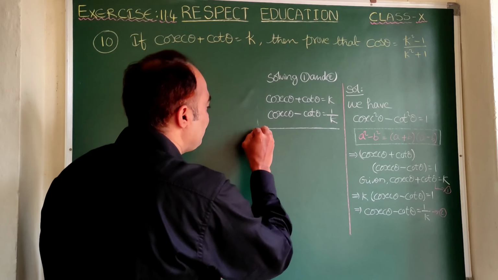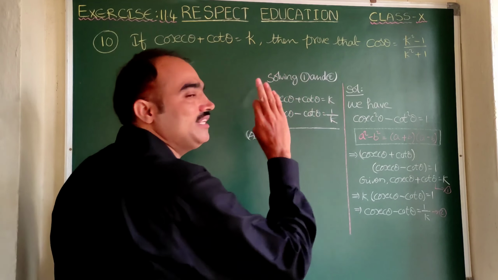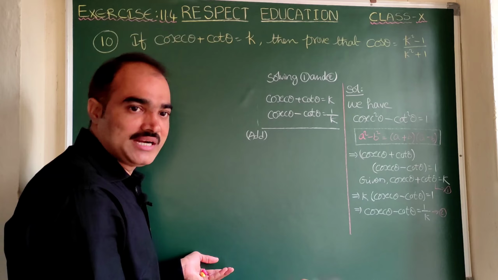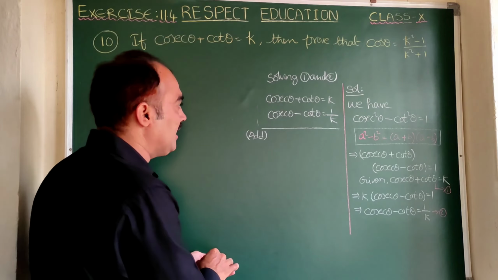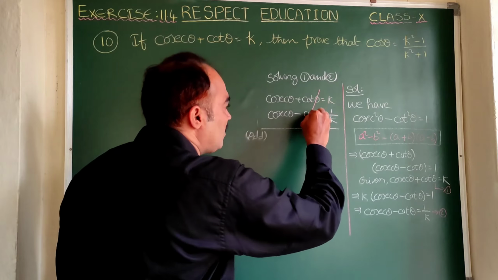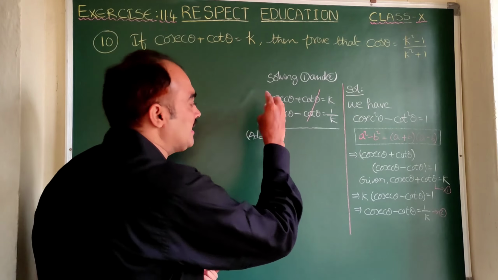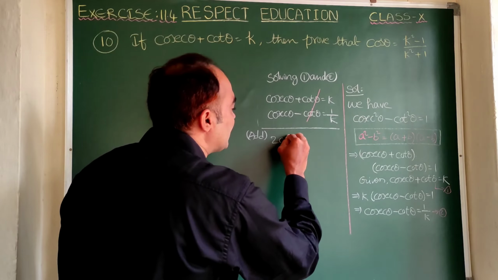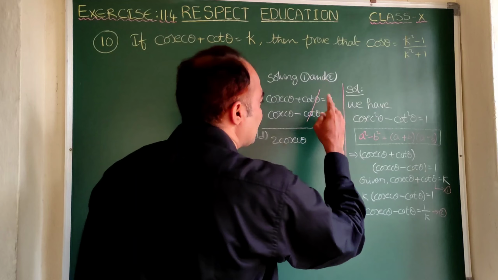Now let us add them. On adding, remember, symbols are not to be changed. When you subtract, only the second equation symbols will be changed. So plus cot theta minus cot theta get cancelled. Now cosecant theta plus cosecant theta is 2 cosecant theta. Here we do not have cot theta values, let us leave it.